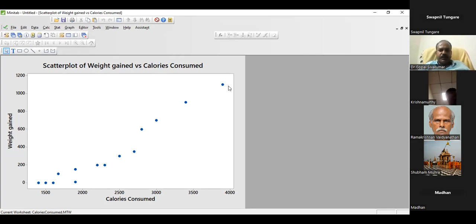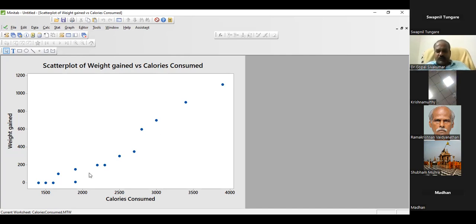When I keep on increasing my calorie consumption, I could see an increase in the weight gain. That means the relationship is positive. Increasing the X causes the increase in the Y.